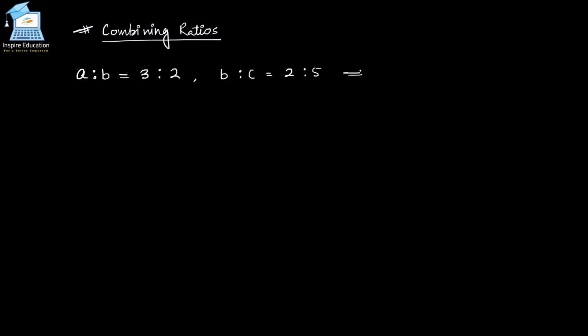Now if I ask what is A is to B is to C, you can answer very easily: A is to B is 3 is to 2 and B is to C is 2 is to 5. We have a 2 here and a 2 here, so A is to B is to C is 3 is to 2 is to 5.